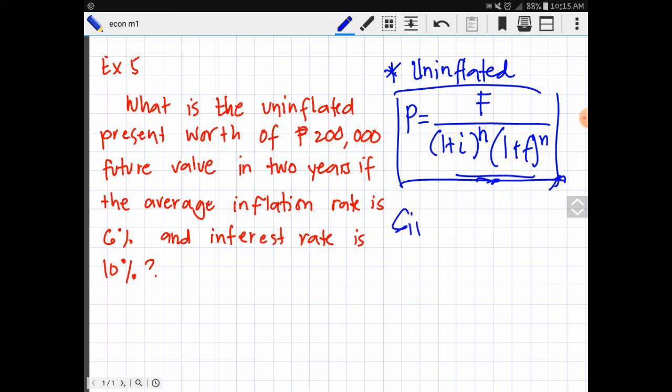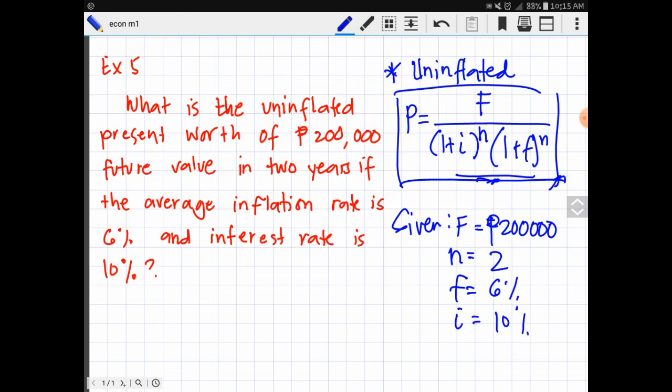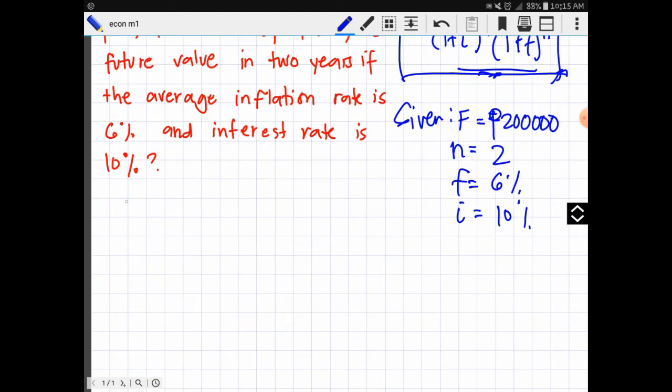Our given F, since that is the future value, is 200,000 pesos, in 2 years, so N is 2. If the average inflation rate is 6%, our F here is 6%, and the interest rate I is 10%.